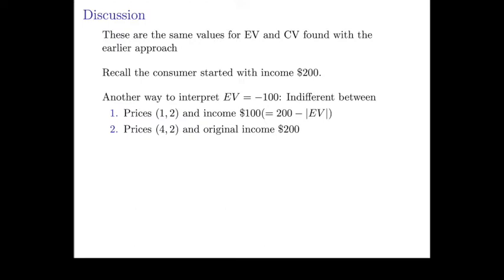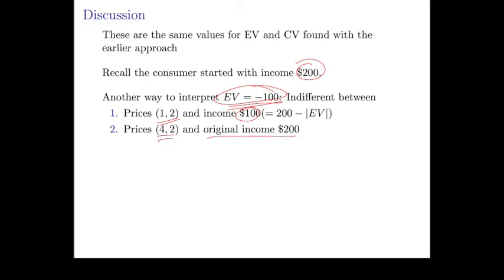Now the consumer started with $200. So a way to interpret the equivalent variation of minus 100 is that the consumer is indifferent between two different scenarios: prices of 1 and 2 for goods 1 and 2 respectively and an income of 100, which is their original income plus the equivalent variation, or minus the magnitude of the equivalent variation, or the prices of 4 and 2, which are the new prices, and the original income of 200.